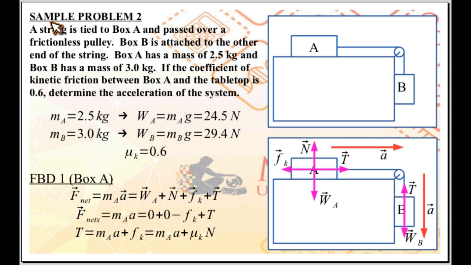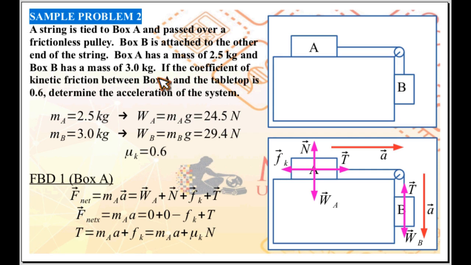Next, we have sample problem 2. A string is tied to box A and passed over a frictionless pulley. Box B is attached to the other end of the string. Box A has a mass of 2.5 kilograms, whereas box B has a mass of 3 kilograms.